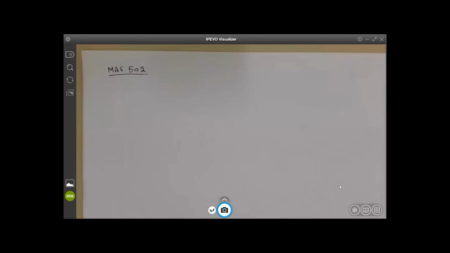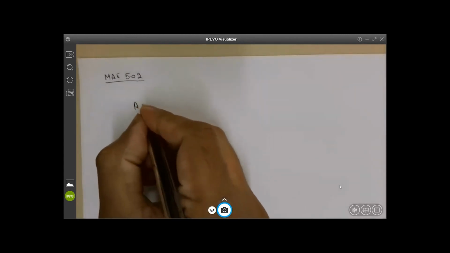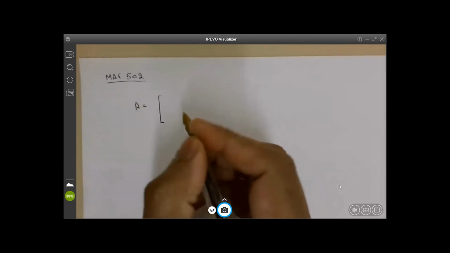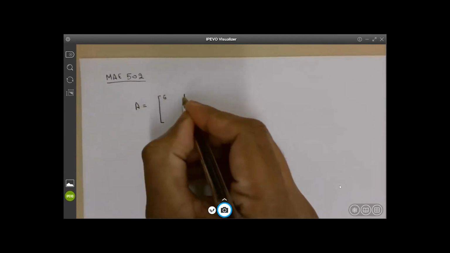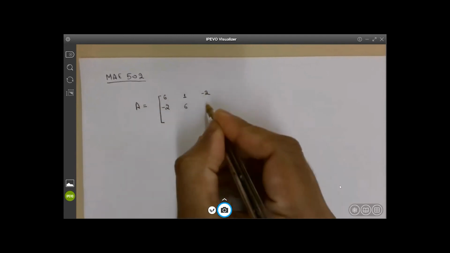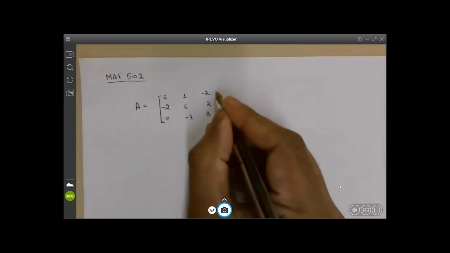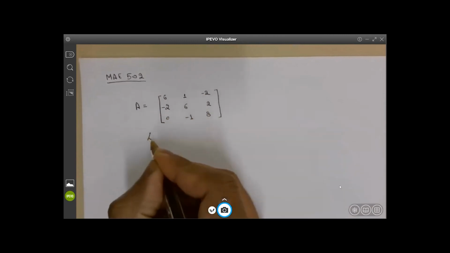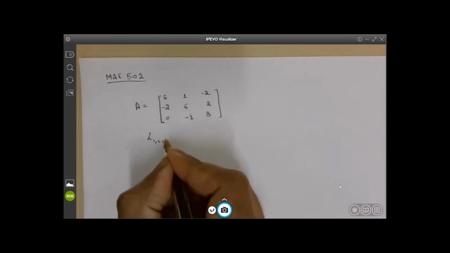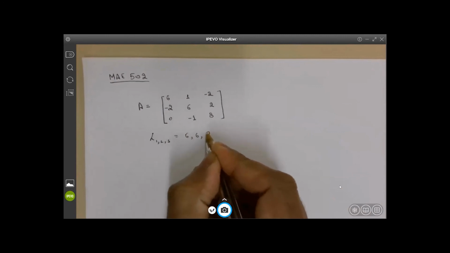Let me rewrite the matrix that we used last time. Our matrix was 6, 1, -2, -2, 6, 2, 0, -1, 8. And we saw that the eigenvalues for this were 6, 6, and 8.